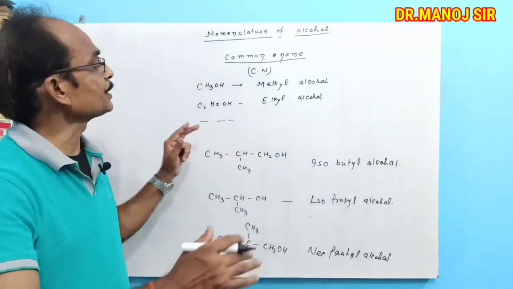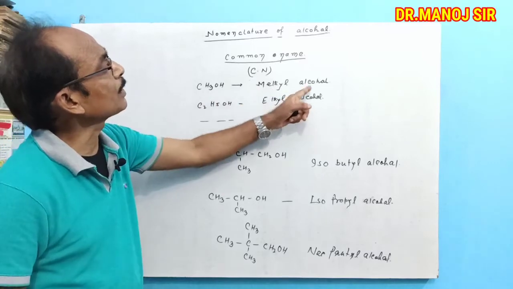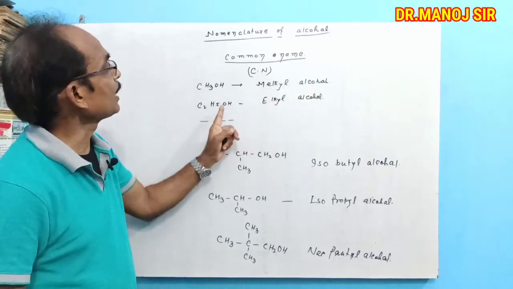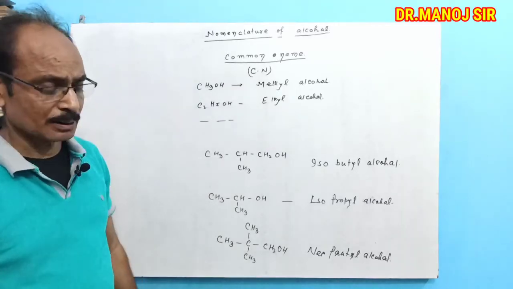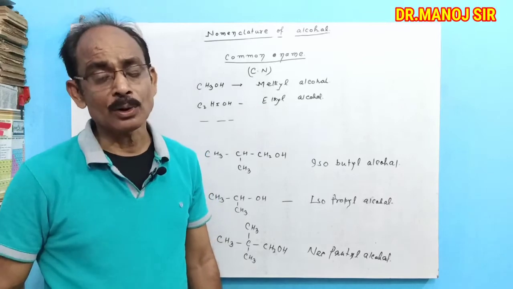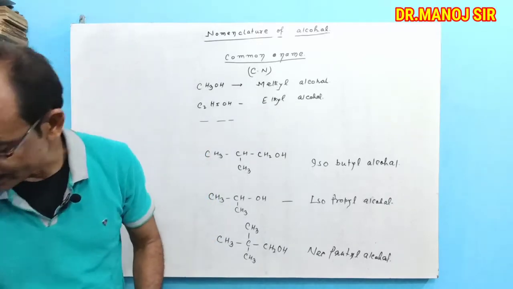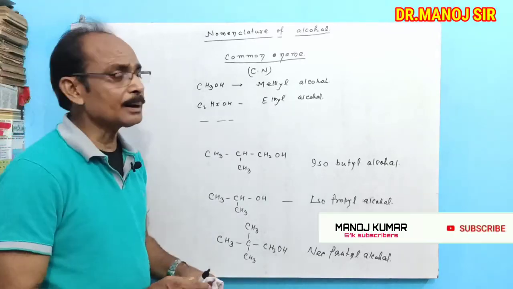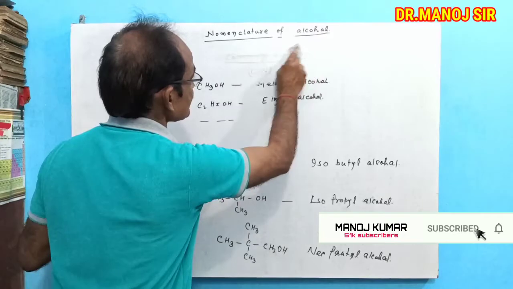In these areas, CH3OH methyl alcohol is known as the common name of the organic compound of the alcohol. But here is another nomenclature, that is called IUPAC.